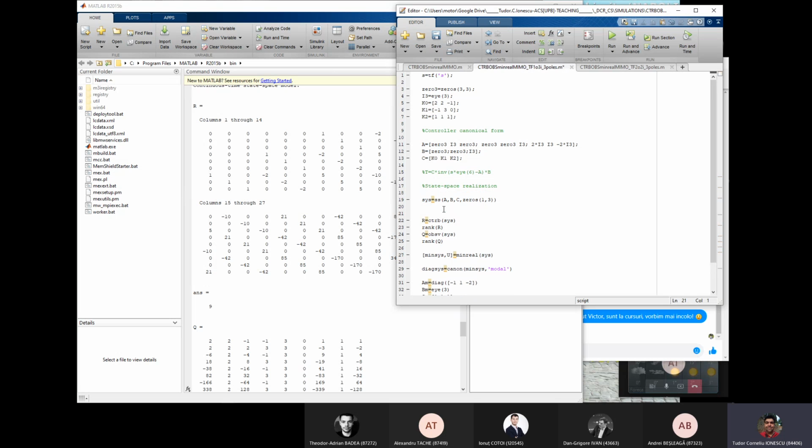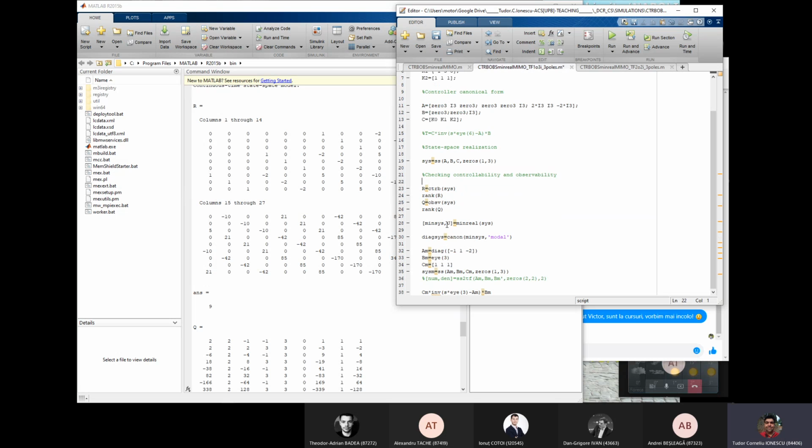This is checking controllability and observability. Minimal realization. All right, let's save it.